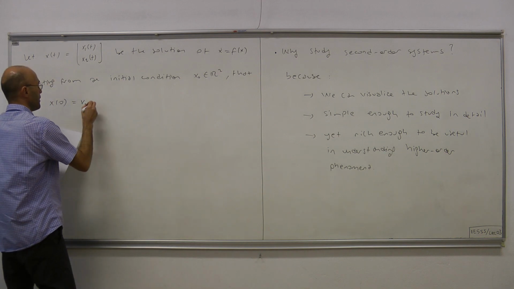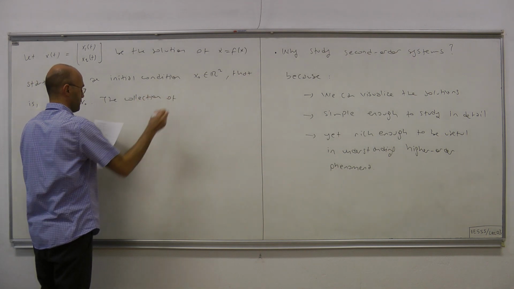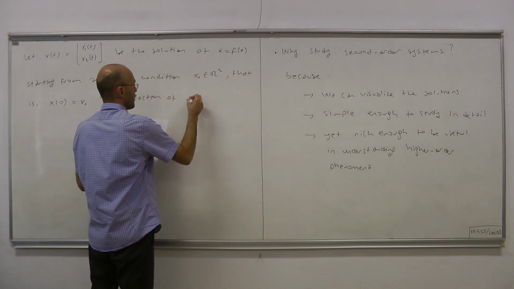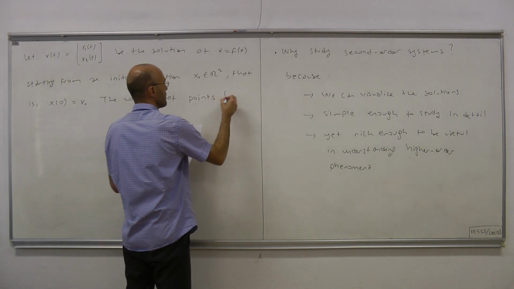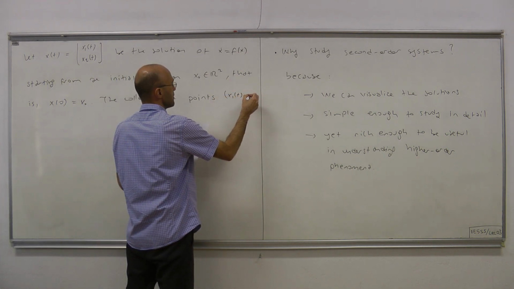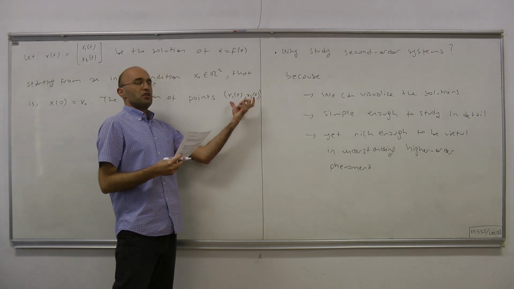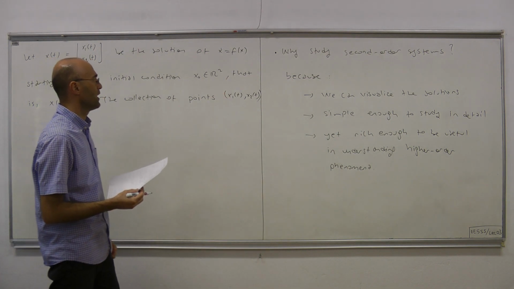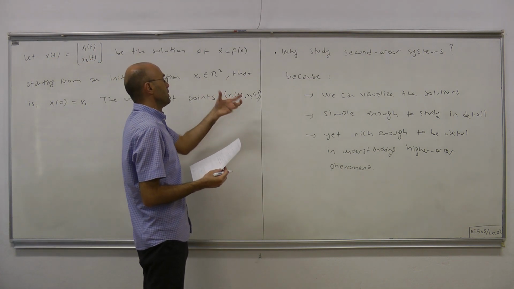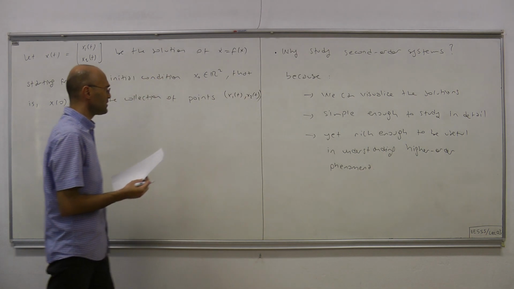Now, the collection of points x1(t), x2(t). For each t, we consider this pair as a coordinate on the plane, and that is a point on the plane, and as time goes on, that point will move around.